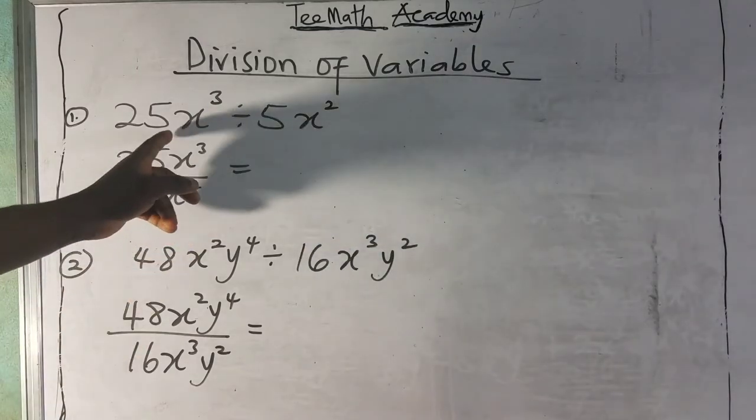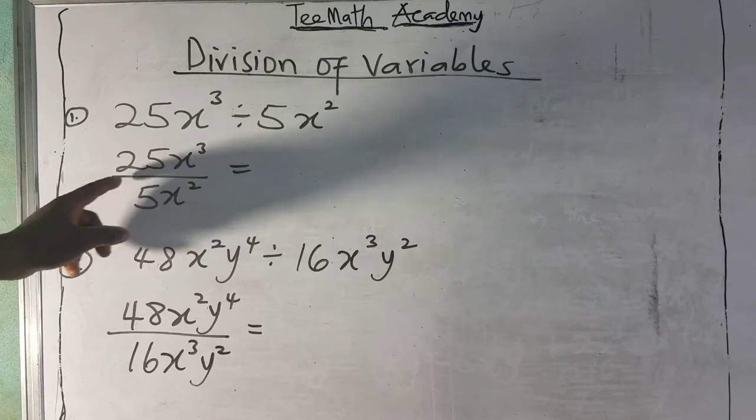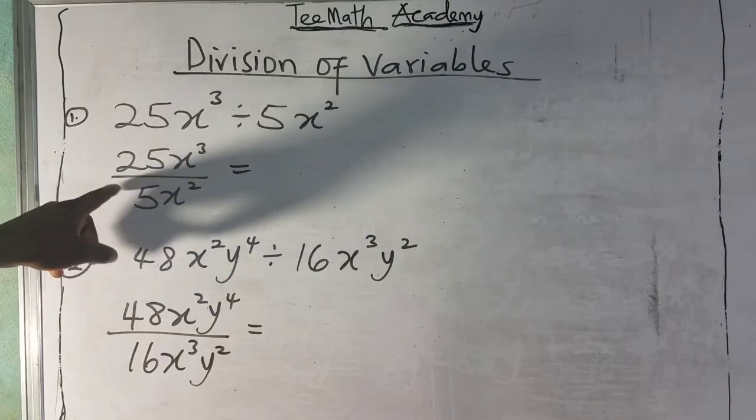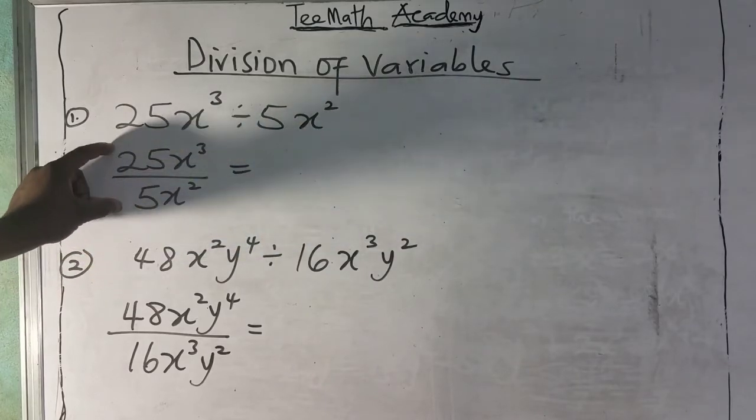We need to divide. Then how do we divide? You can see that this is the question. I now bring it back here using the fraction form instead of the division sign, although they are still the same thing, so that division can take place.